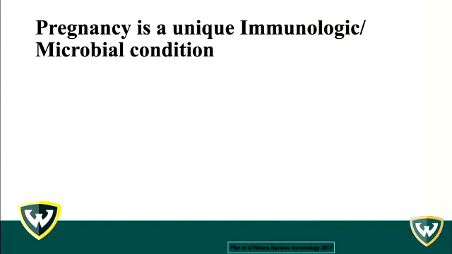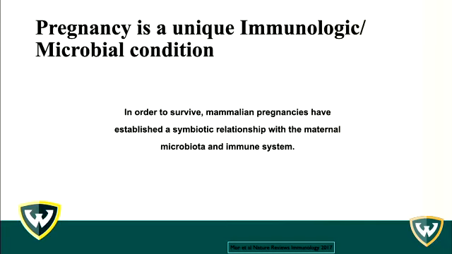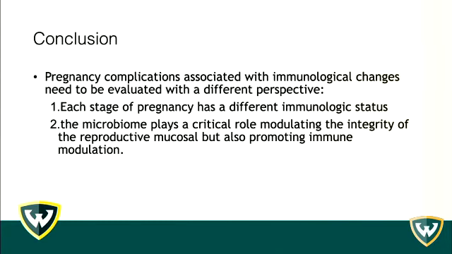This environment, this communication, has led to what we call the evolutionary equilibrium, that in order to survive, mammalian pregnancies have established a symbiotic relationship, first with the maternal microbiota, and second, with the maternal immune system.